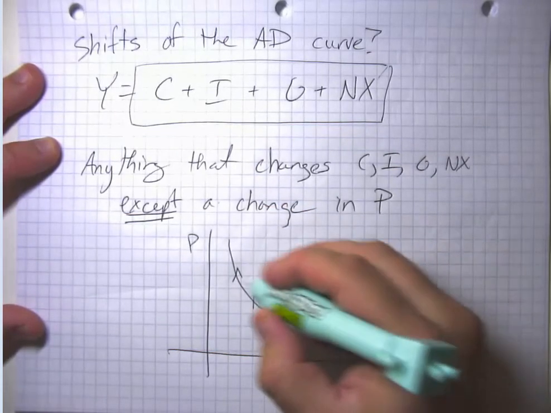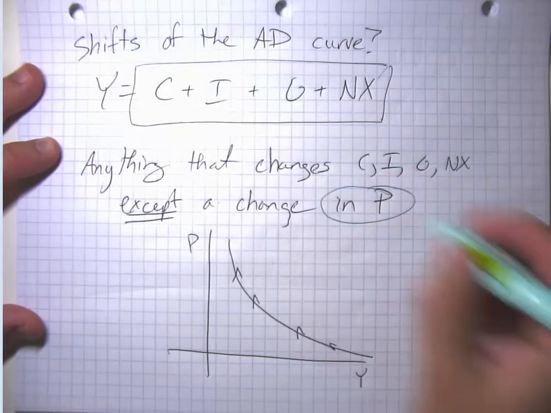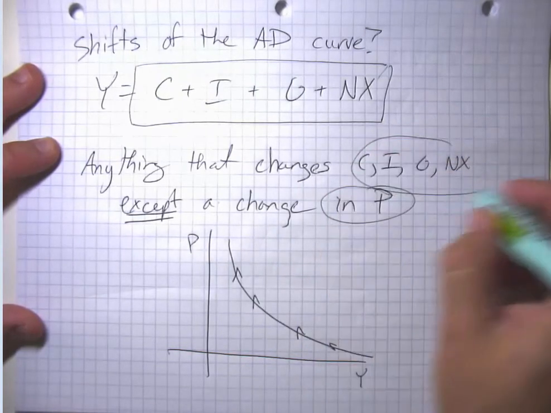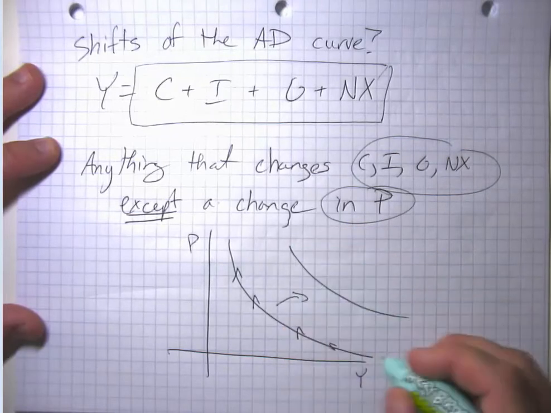So a movement along the curve is due to a change in the general price level P. Anything else is going to cause a shift to a whole new curve.